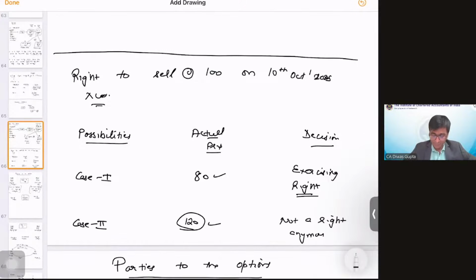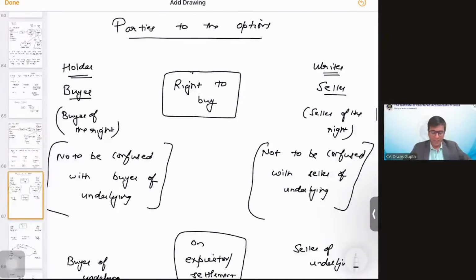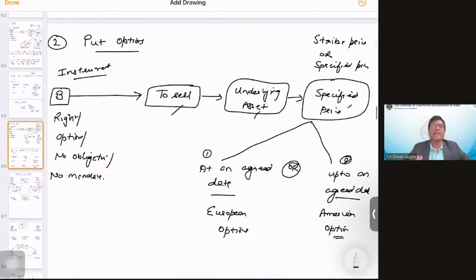This is basically a part of derivatives, because this entire arrangement of right to buy or right to sell is deriving its value from the underlying value of the equity share, right?